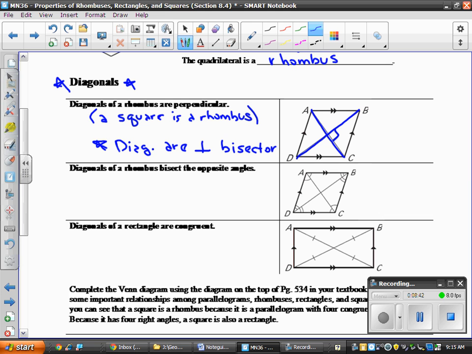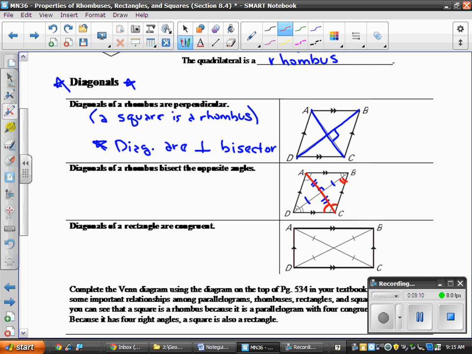It says diagonals of a rhombus bisect the opposite angles. Again, we have the same idea where this side equals this side equals this side. We have a 90 degrees there, but notice this. I'm going to switch into red. This diagonal, when you bring it down, bisects the outside angle. So this angle here is going to equal this angle here.